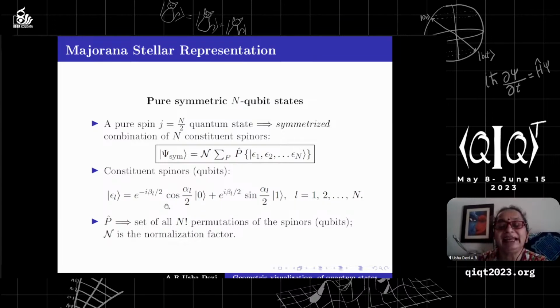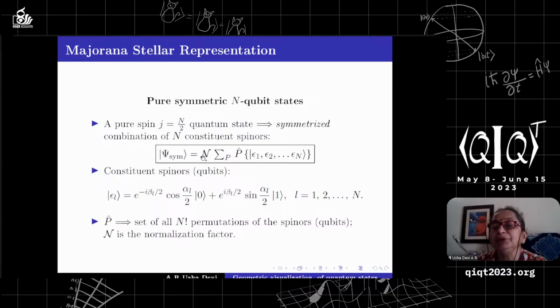So pick any n such states and symmetrize it. You get a state which is a spin J state, is what Majorana will tell you. Here, P corresponds to n factorial permutations. That is, if I have 1, 2, 3, then I have 2, 3, 1, 3, 2, 1. All kinds of permutations should be taken care of, and a normalization factor appears here.